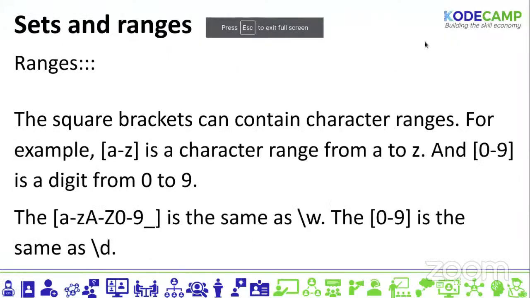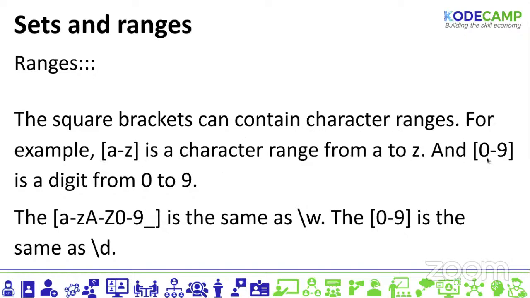So then let's talk about range. So range also uses square brackets, but you don't list out the characters you want in a range. Instead, you list out the range of characters you want. So you see that you separate the range with this dash or minus sign. So you're saying it has to start from A and it has to end at Z. So any character between A to Z is what you want to match for.